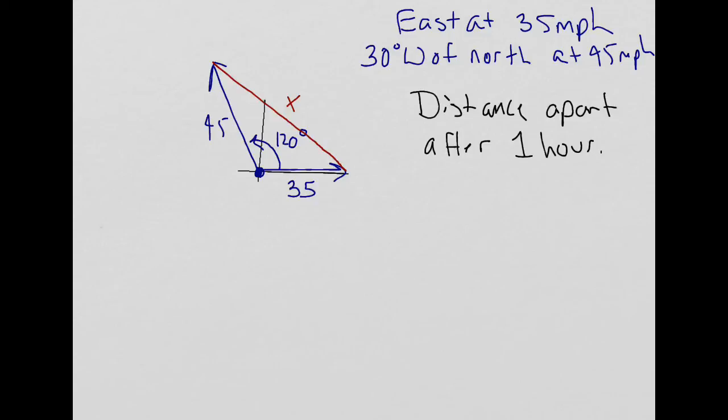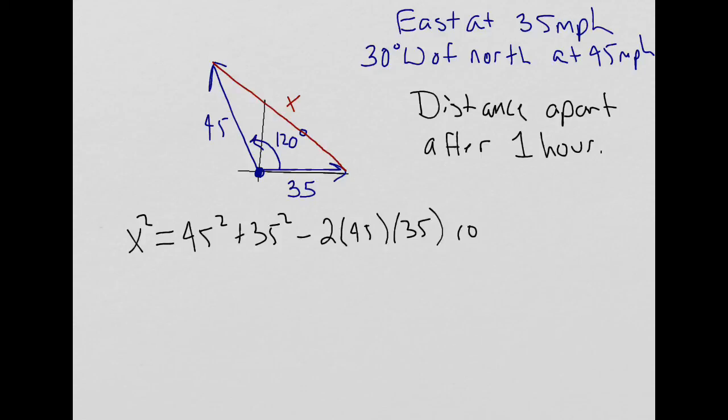Whoops, did not mean to erase that. There we go. We've got this unknown, we have the angle opposite this. So the law of cosines, correctly applied, would be x squared equals 45 squared plus 35 squared minus 2 times 45 times 35 times cosine of 120.